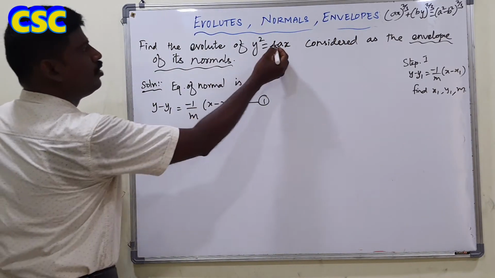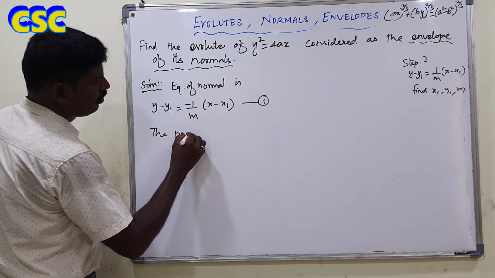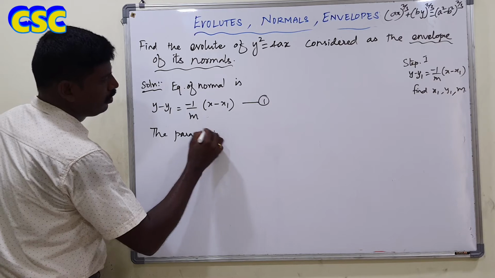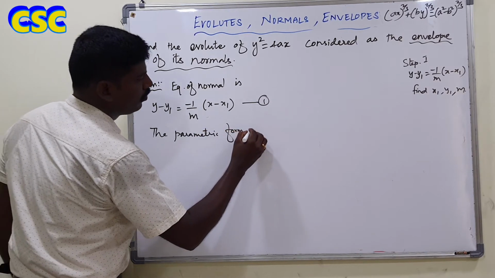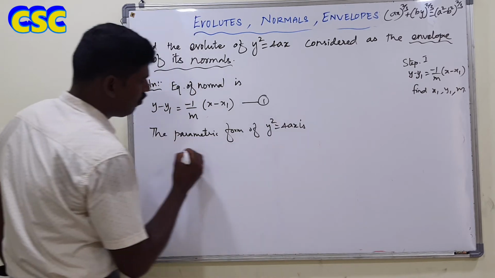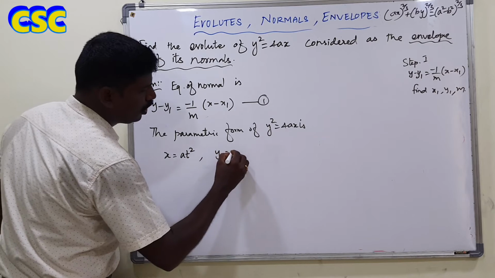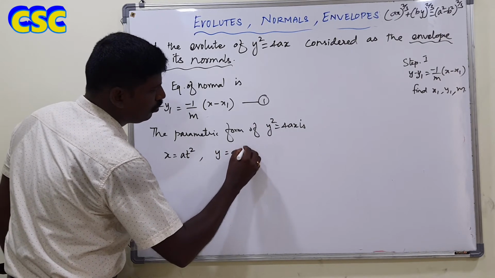What is the parametric form of y square is equal to 4ax? X equal to at square comma y equal to 2at, isn't it?